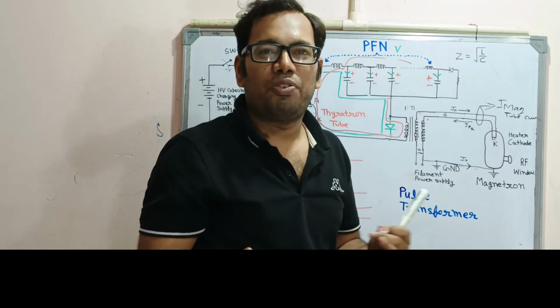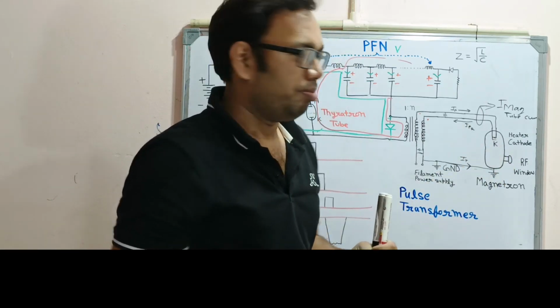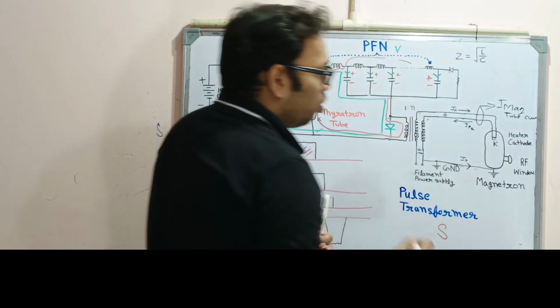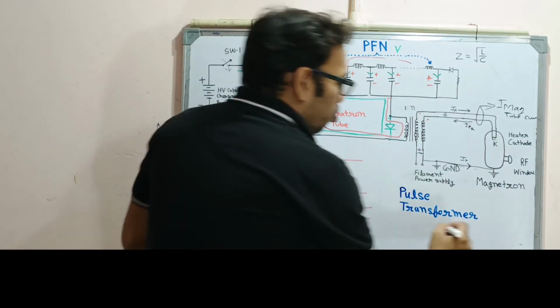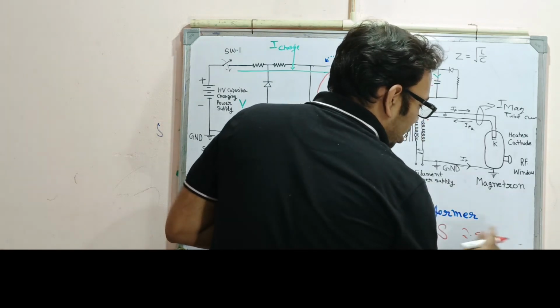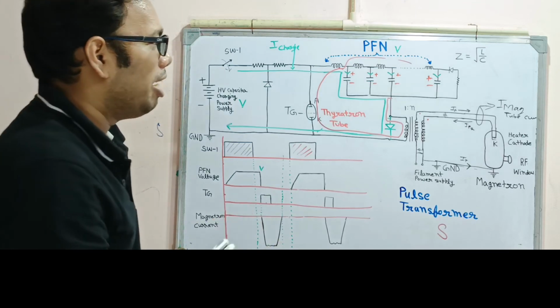As per the magnetron frequency, it will generate the RF power. If it is an S-band magnetron, it will generate S-band frequency, that may be 2.99 gigahertz to 3 point something gigahertz, as per the S-band range.